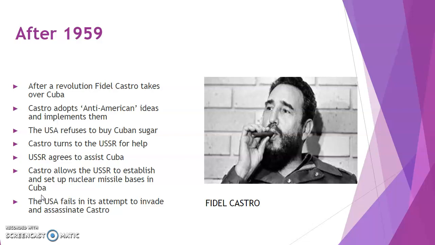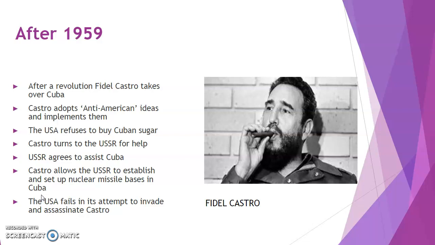You will remember that the Soviet Union is like the bitter enemy of America during the Cold War. And so Castro turns to the Soviet Union for help. I'm sure you've heard the phrase, the enemy of my enemy is my friend. So the USSR agrees to assist Cuba.